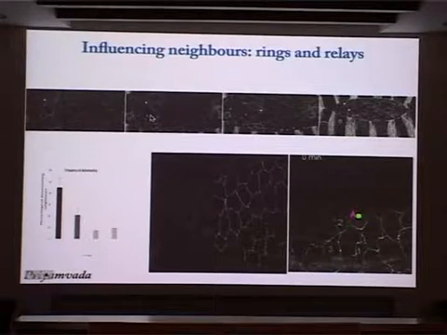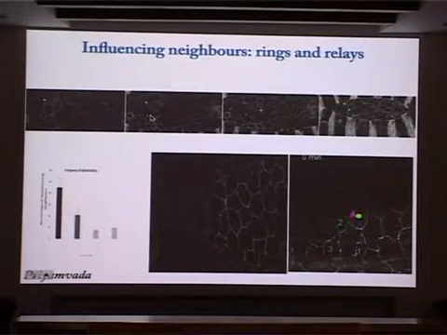And I think I'm nearly done, but I'll just spend a few minutes to say that one can see many different kinds of patterns, suggesting that we don't completely understand all the ways in which cells can communicate across interfaces with their neighbors.